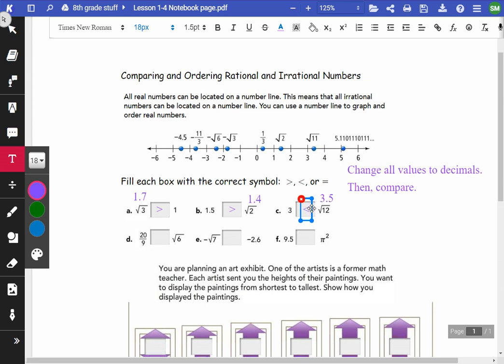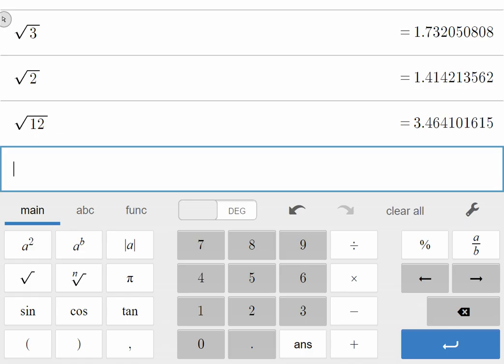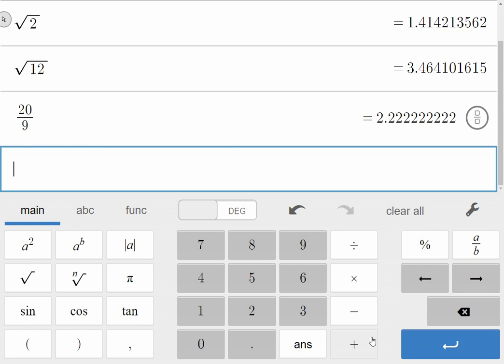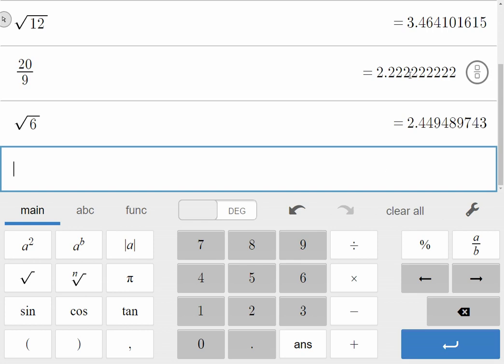you are correct. Okay, this next one, I need to put both values in the calculator to turn to decimals. So 20 divided by 9. I'm going to do that one first. 20 divided by 9. And the other one, I'm going to do it while I'm here. Square root of 6. 20 divided by 9 is 2.2 repeated.